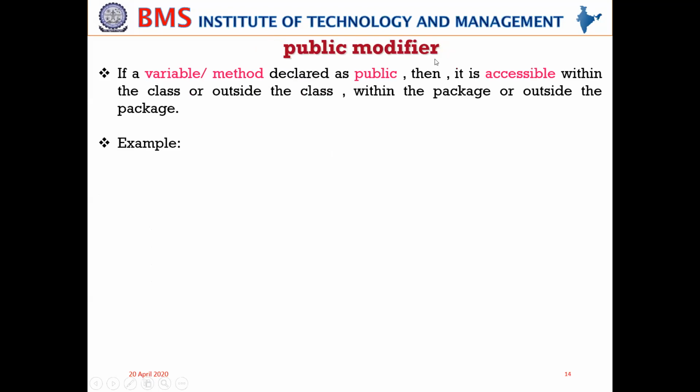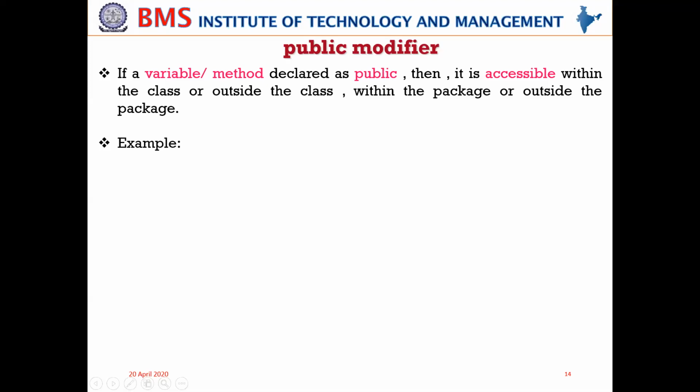Usually we'll be writing methods and declaring variables. Suppose a variable or method is declared as public, that is, you use public as a keyword whenever you declare a variable or a method. Then that method or variable will be accessible within the class in which you have written it, and I can also access that variable or method outside the class.